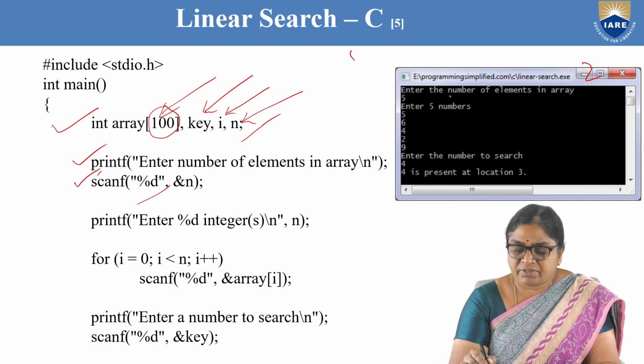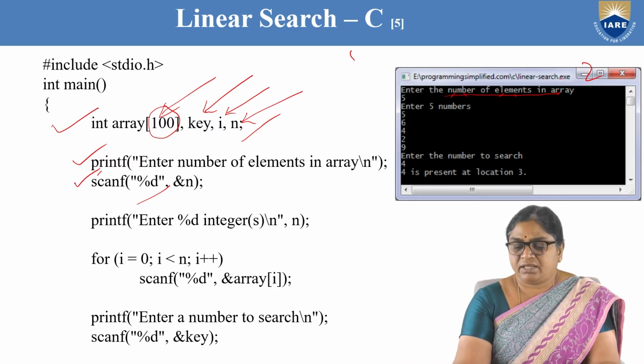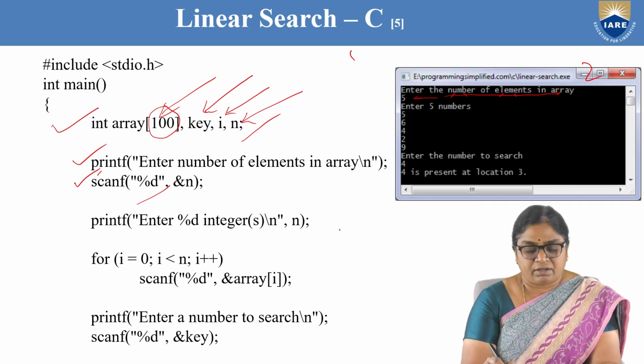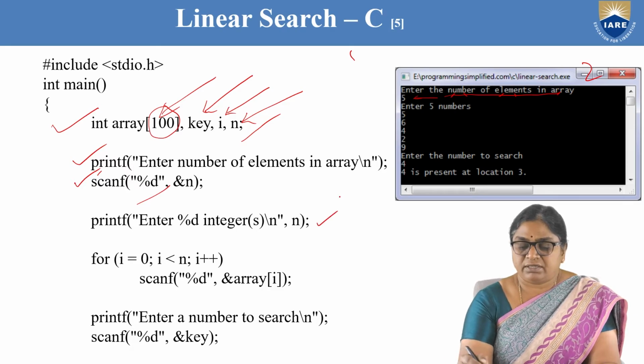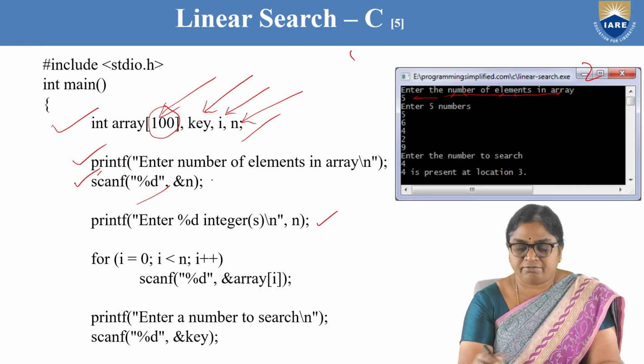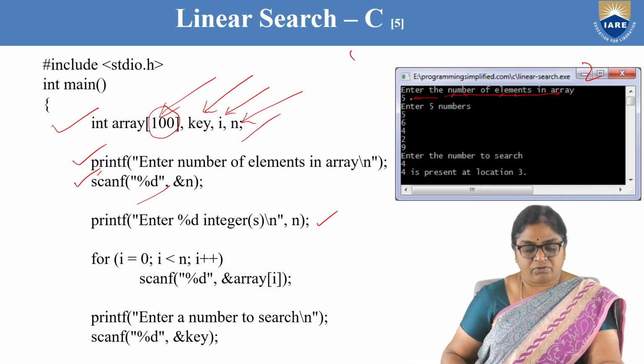We can check the same thing here. Enter the number of elements in the array. Here the user entered 5. After taking this input, we are asking the user to enter 5 integers because he entered 5 as the input.